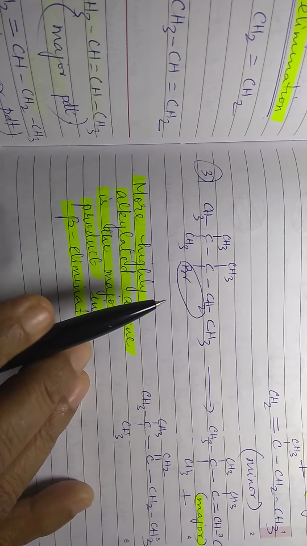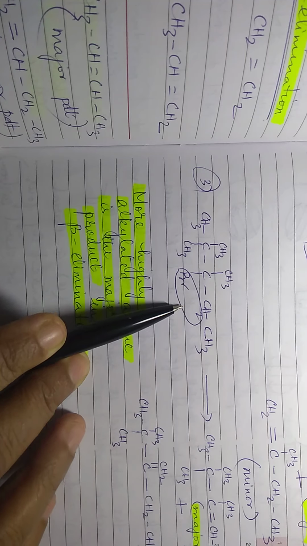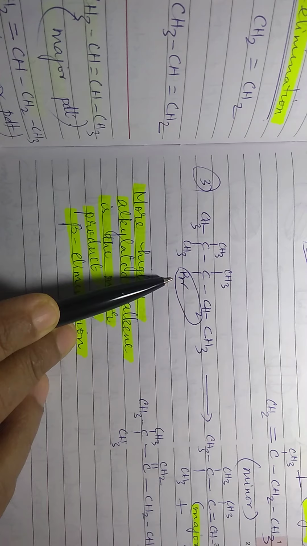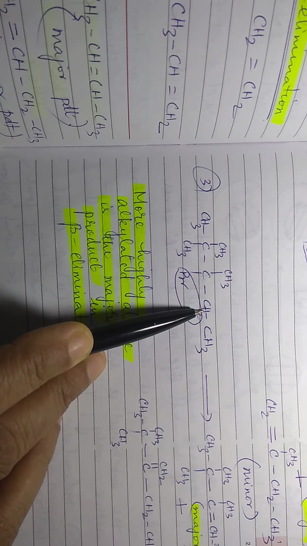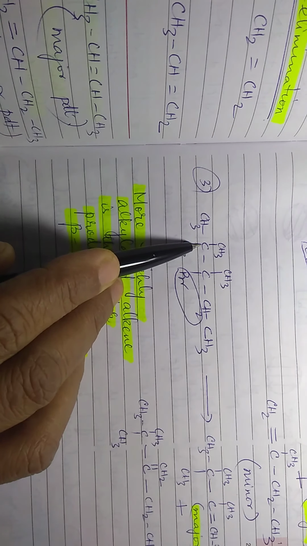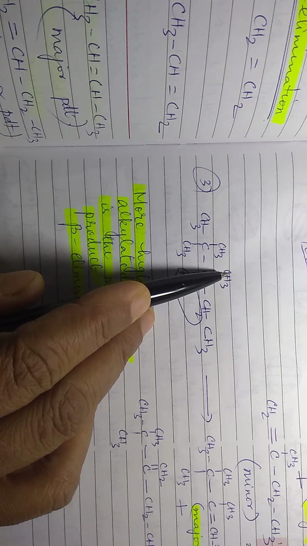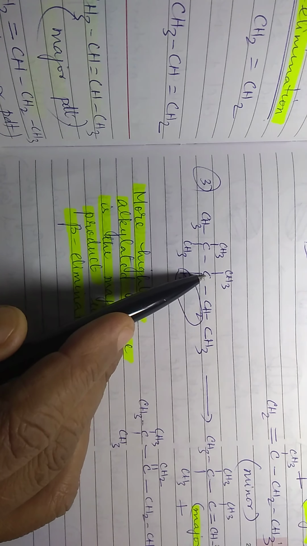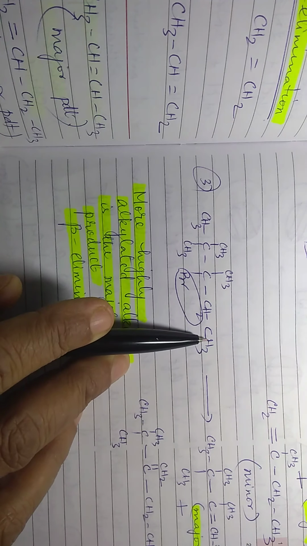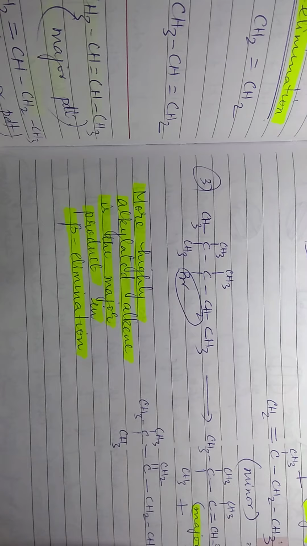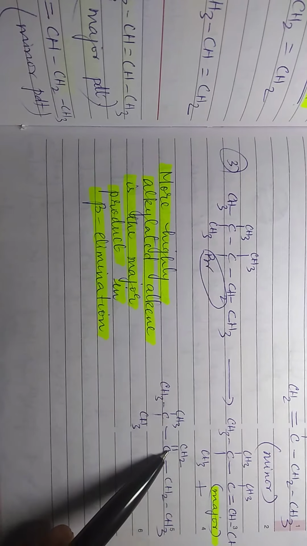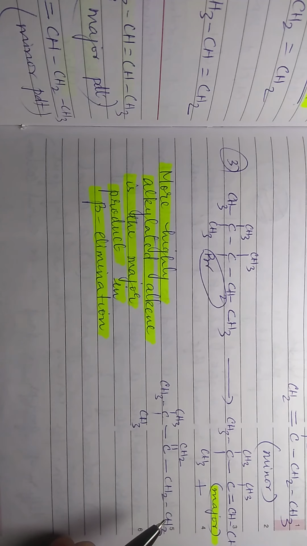Same way if you are having this compound, now you are having less number of hydrogen with this beta carbon, then this is also beta, this is also beta, but this beta is not having any hydrogen, this beta is having hydrogen, but the hydrogen from here will not be lost because the double bond will be in the branch, is it not? It will not hold good. So here this is the major product. If this hydrogen is lost, then you will have double bond here, right?